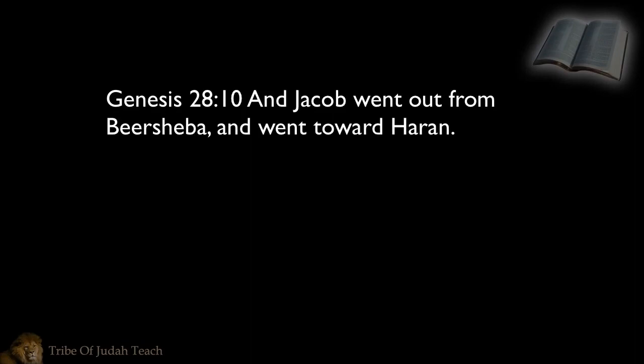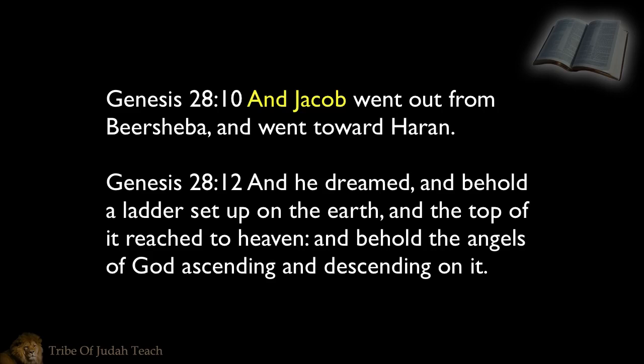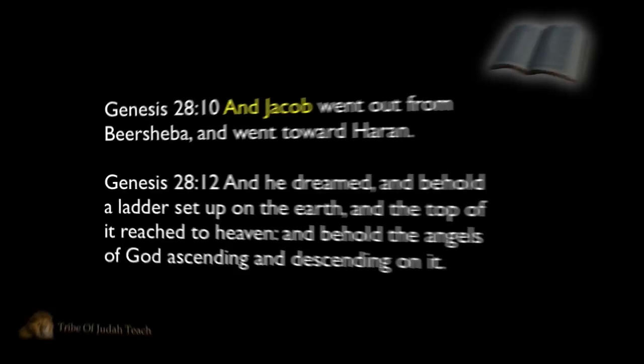Genesis 28:10. It says, "And Jacob went out from Beersheba and went toward Haran." So this is Jacob. Let's go down to verse 12. It says, "And he dreamed, and behold, a ladder set up on the earth, and the top of it reached to heaven. And behold, the angels of God ascending and descending on it."